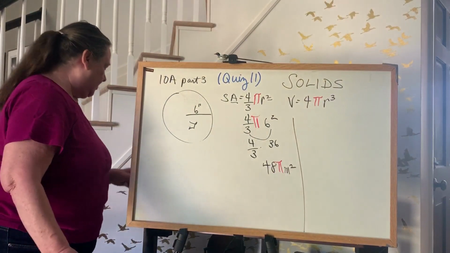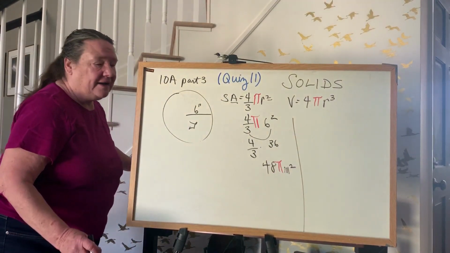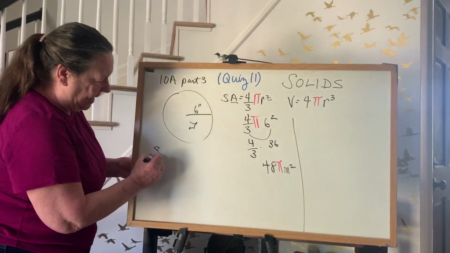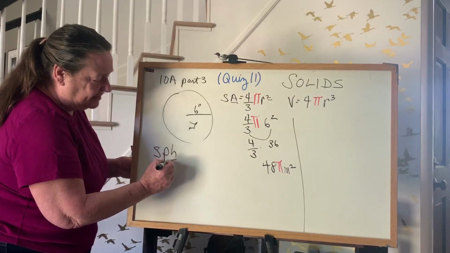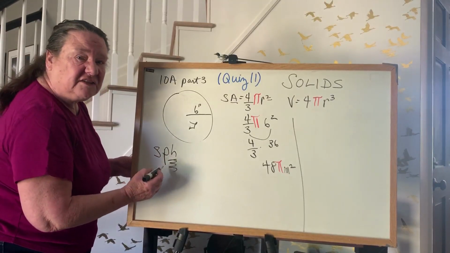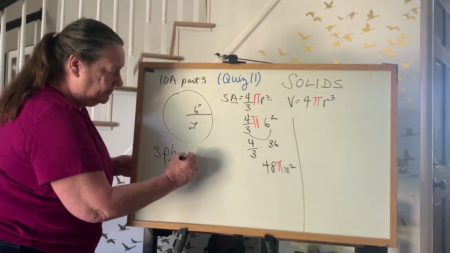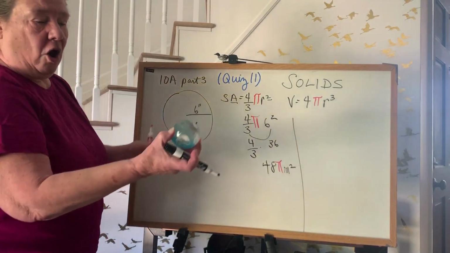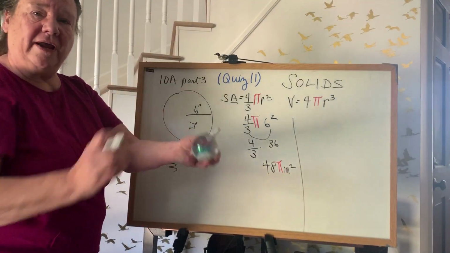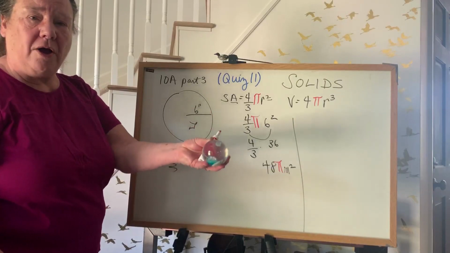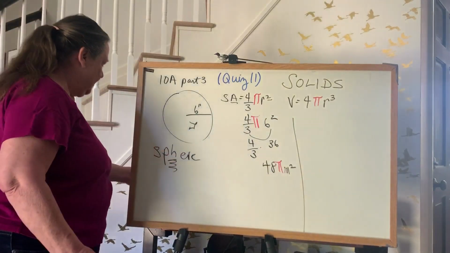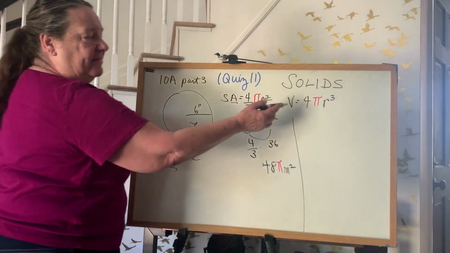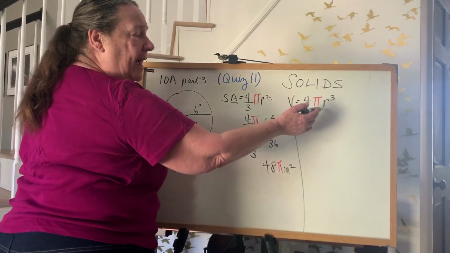The next thing we're going to do on a sphere, S-P-H, that sounds like an F, sphere, is open up the ball and pour in water. How much water will the ball hold? Okay, so that formula is 4 pi r cubed.